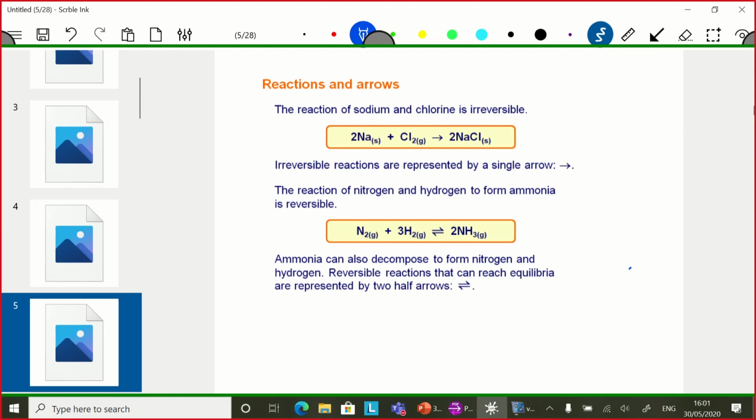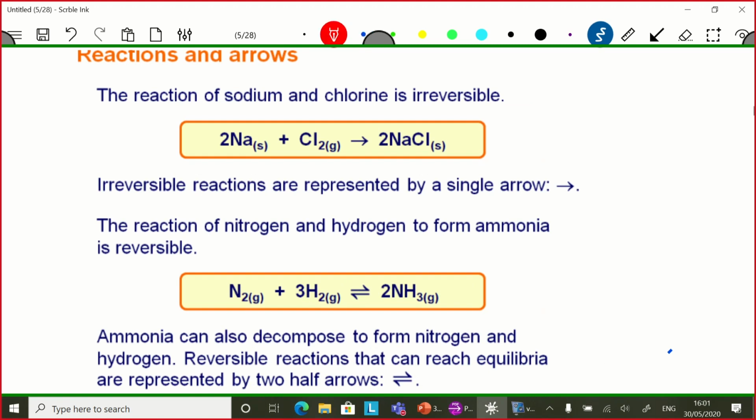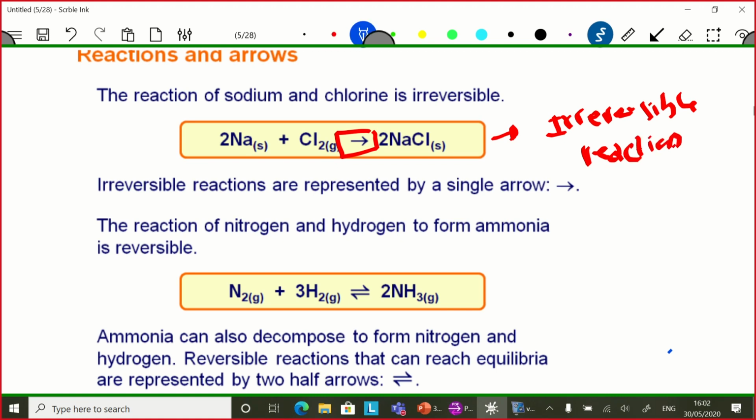When you have a reaction, and this reaction is represented by a single arrow, this chemically means that this reaction is an irreversible reaction, which means that this reaction is always going in this direction. So the reactants will be consumed to form a product, and the reaction stops when one or both of the reactants disappear or get consumed in the reaction.